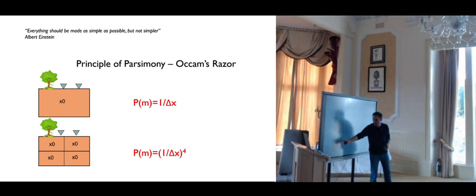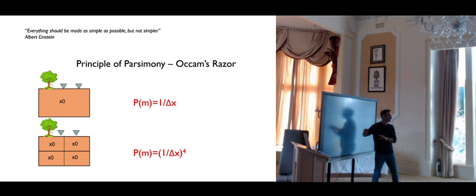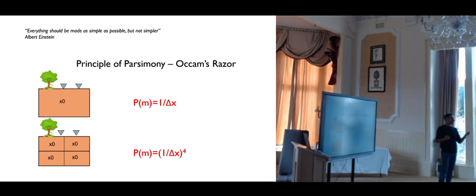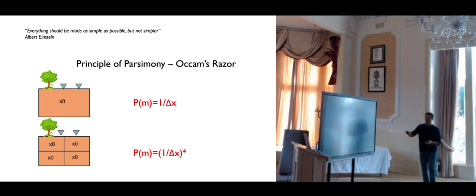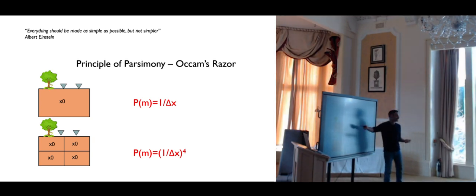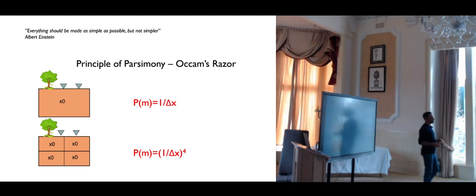On the top, you have a model described by one parameter, and on the bottom, the exact same model described by 4 parameters, with the density equal to 3, 3, 3, 3. So a priori, the simplest one is more probable, right?